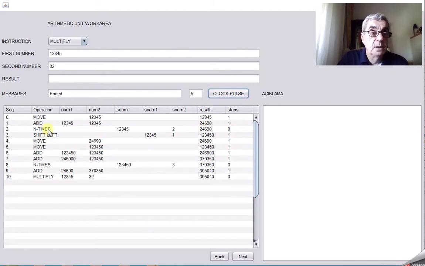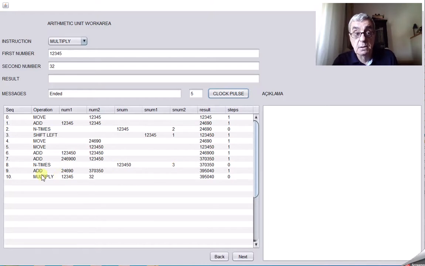And we shift left this first number register, so there's a 0 behind it, and we move that number here and add it 3 times, 1, 2, 3, so we get this number, and it is n times addition.